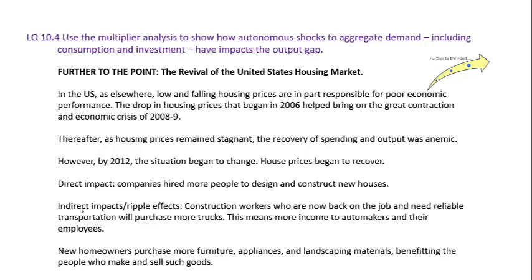They're going to have to make their gardens pretty, landscaping materials, and all of these providers of goods and services, furniture, appliances, landscaping services, are all going to benefit. They're all going to have some extra money in their pockets, and they're going to be spending that money as well. That's the kind of indirect or ripple impacts that we often talk about.